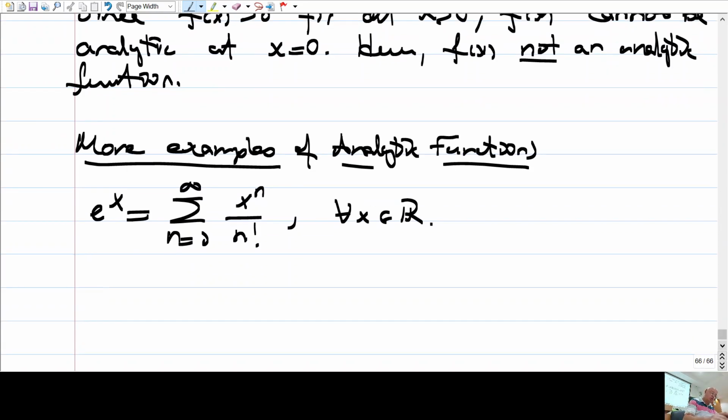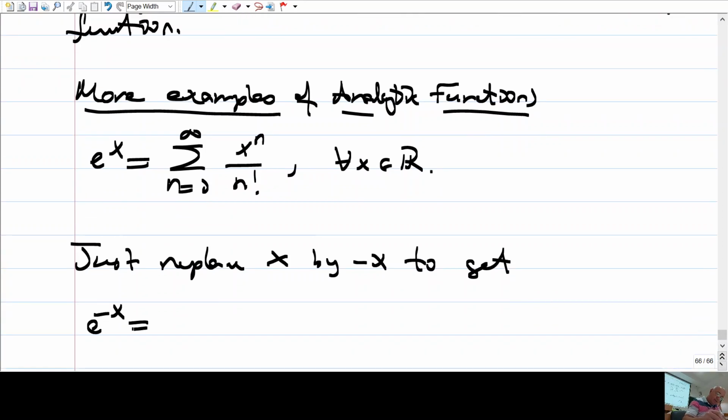However, once we assume this, we can find more analytic functions using this. How? For example, just replace x by minus x to get what?